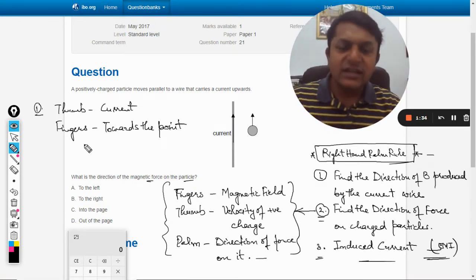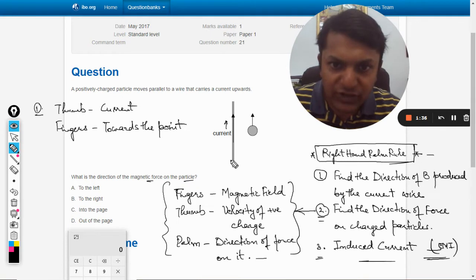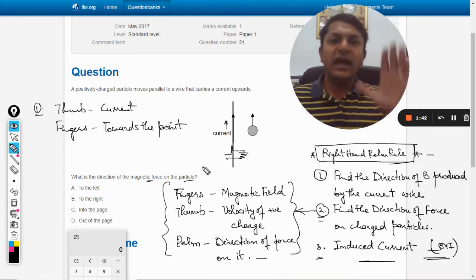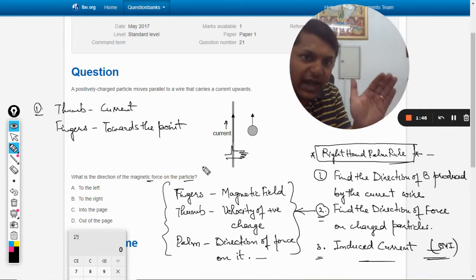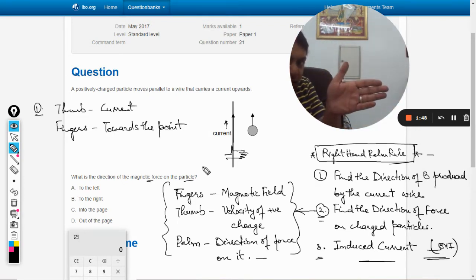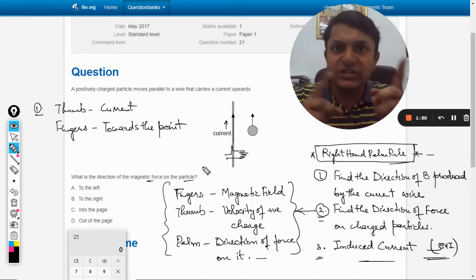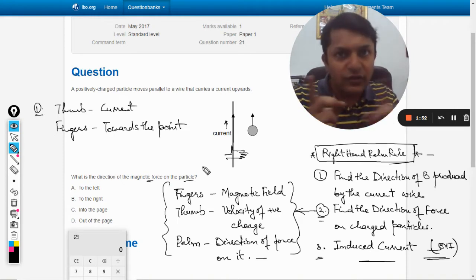In this case, the current is going upward, so we keep our thumb like this and our palm like this, and it has to be the right hand. The current is moving upward and I'm pointing towards the right because your charge is to the right of the wire.